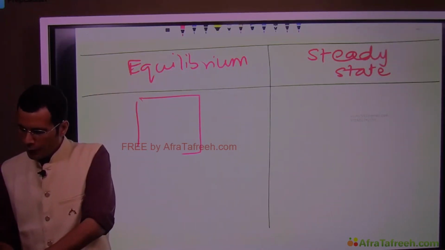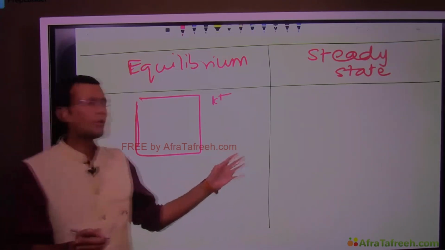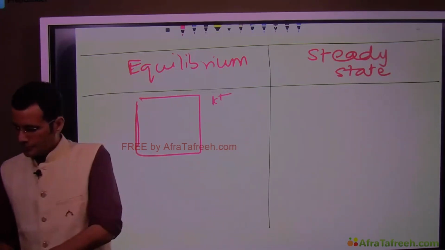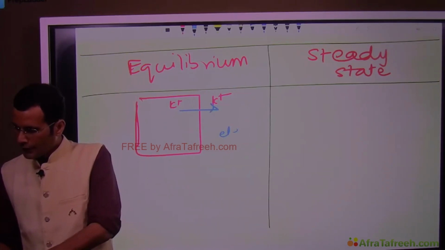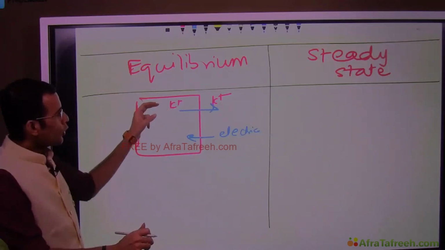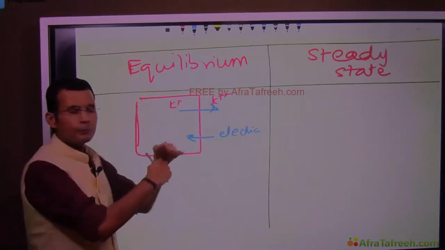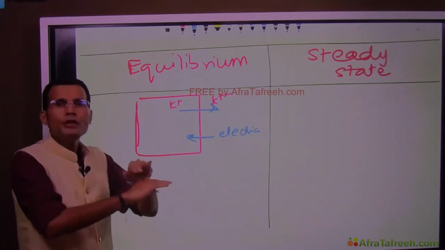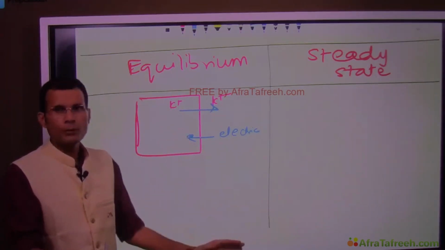When you say equilibrium, we can take the example of potassium. The concentration gradient is driving it from inside to outside, and the electrical gradient is driving the potassium from outside to inside. So when these two forces balance out each other, there is no net movement of potassium, and potassium has reached equilibrium.